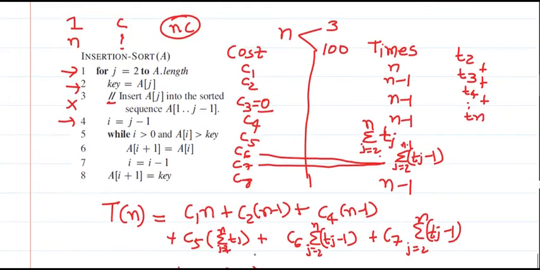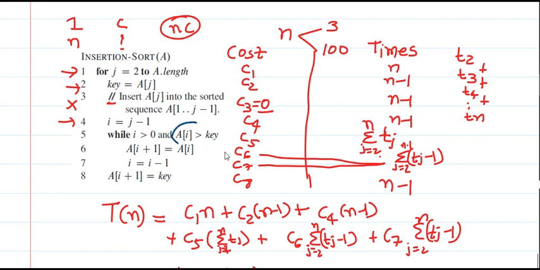And if you notice, if I have this type of input, then the while loop won't be executed at all, because for each value of key, which is nothing but a of j, the value of a of j will be greater than the value of a of j minus 1, which is nothing but a of i in this case.